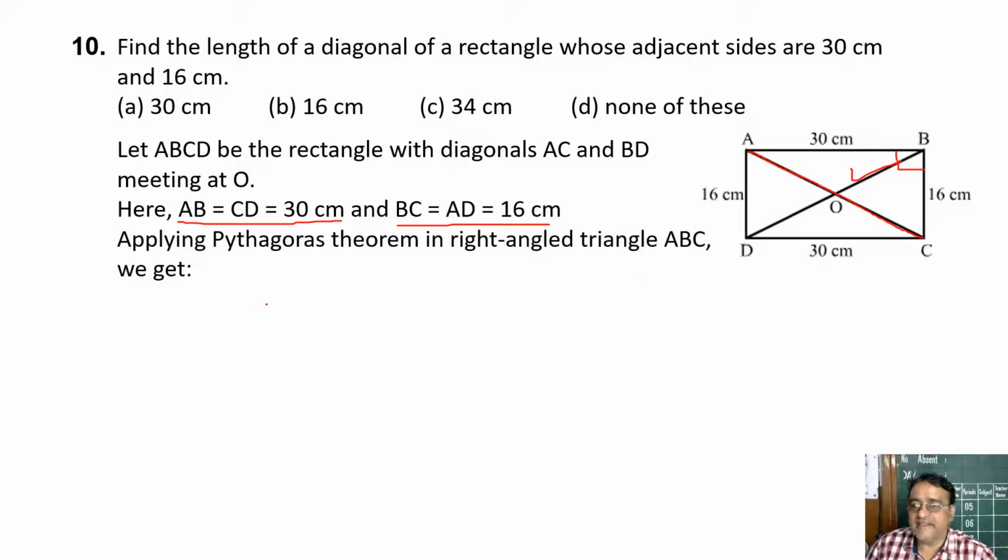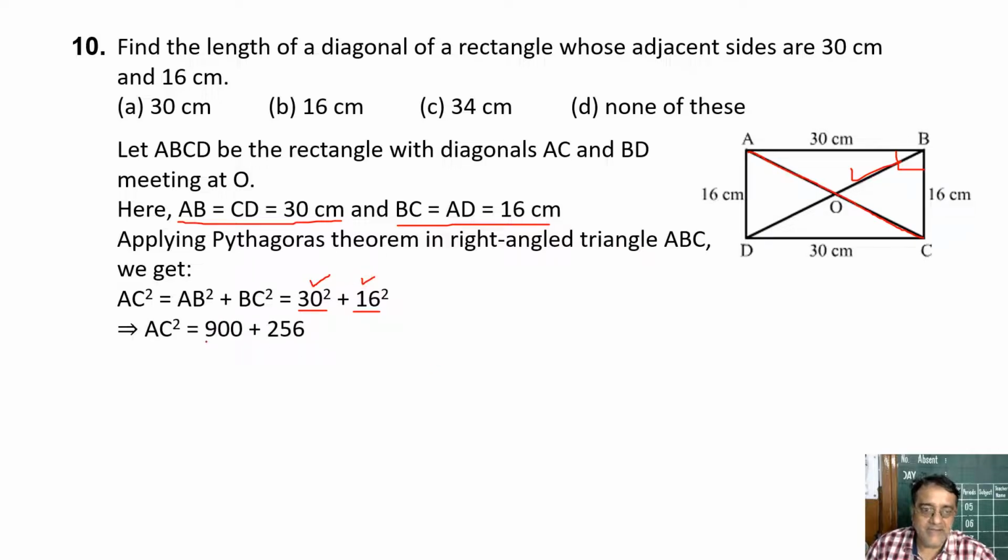So we are going to get AC square is equal to AB square plus BC square, that is 30 square plus 16 square. This is 900, okay, and this is 256. So 900 plus 256 is 1156. And what is the square root of 1156? 34. Okay, 34. So which option is the correct one? Option C.